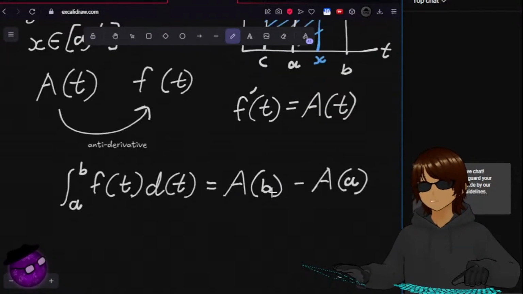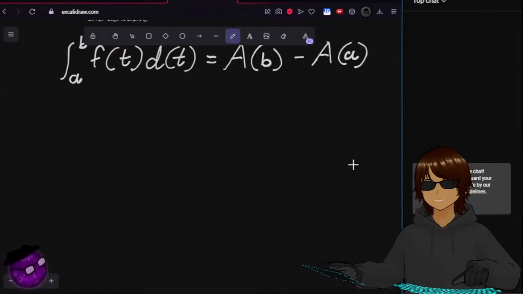The antiderivative with the value of b and the antiderivative with the value of a.